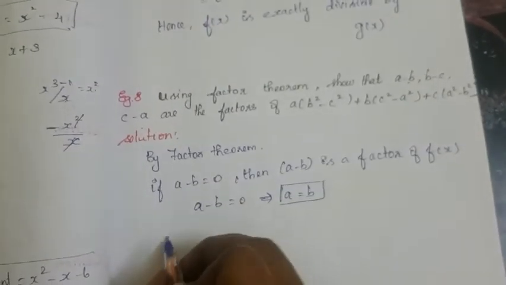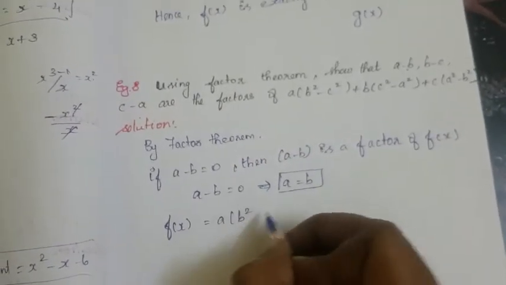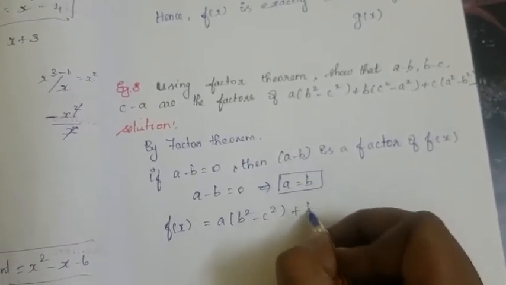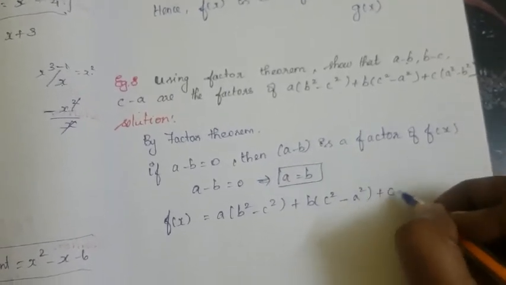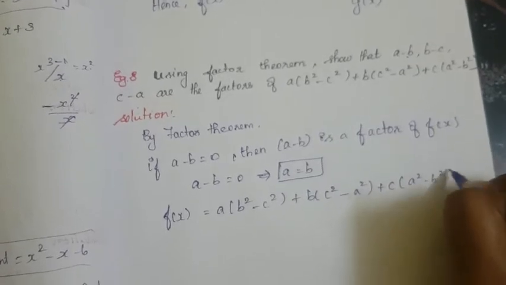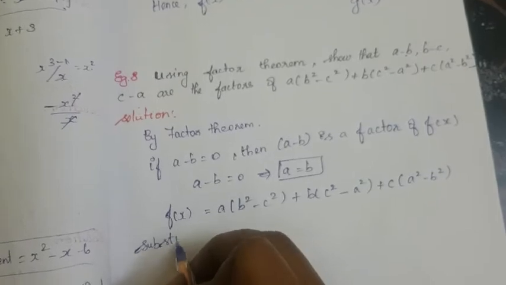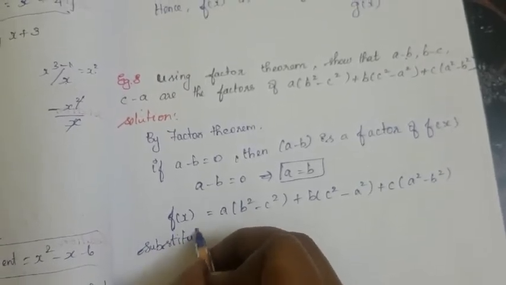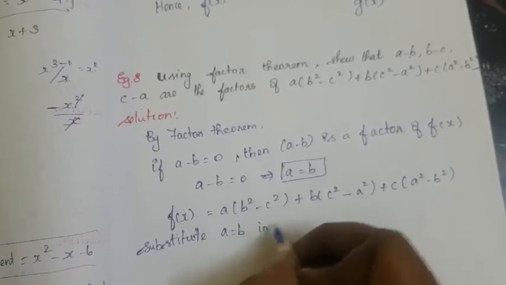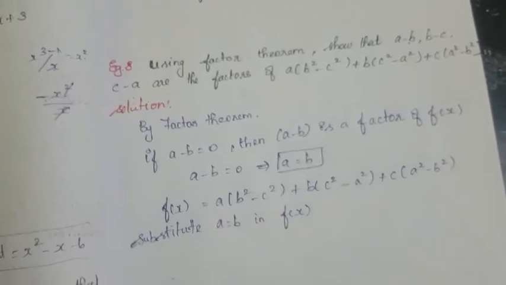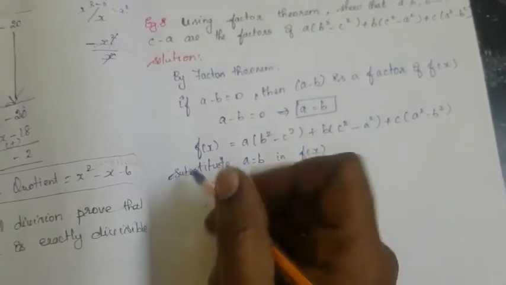We know that f of x is equal to a into b squared minus c squared plus b into c squared minus a squared plus c into a squared minus b squared. Now substitute a equal to b in f of x. We are going to substitute this a value in f of x.